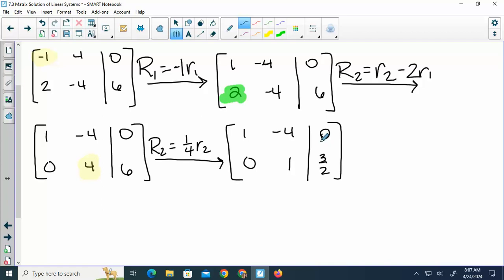So if I look here, we have the 1. Now we need to finish column 2. So we need this to be a 0. So which row am I changing? So row 1 equals, if I start with row 1, it is a negative 4, so we would have to add 4, but you can't just add a number, so it has to be 4 times row 2.